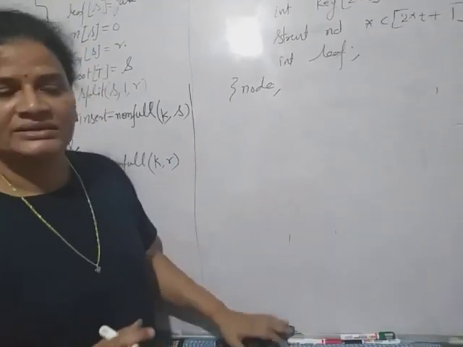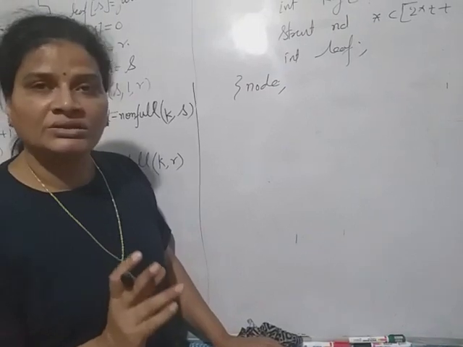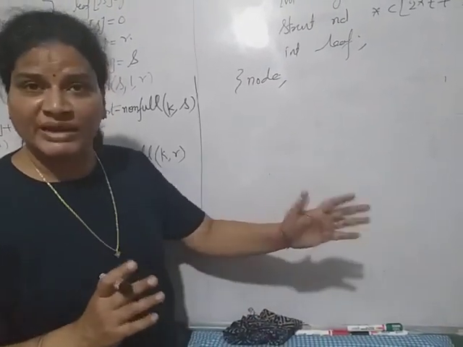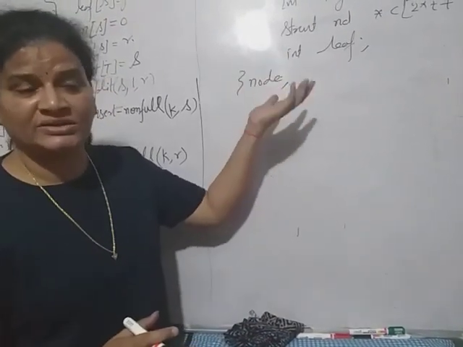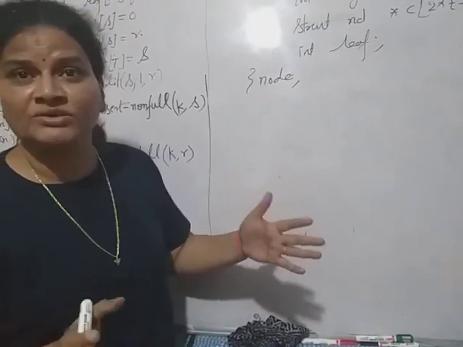Now I told that there is a concept of header node. As the size of the node is very large, depending on the degree of the T, and the degree of T can be one block or one sector of the hard disk.